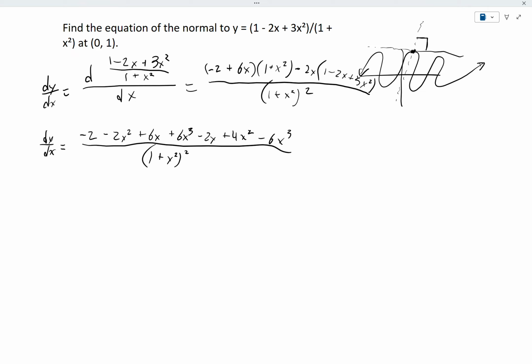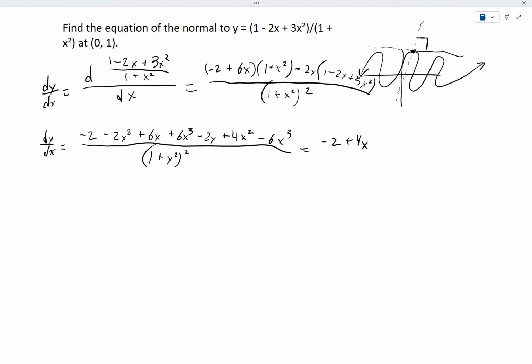And there's still a little bit more work to be done. In the numerator here, we can do some combining of terms. So we're still stuck with that negative 2 in front. Our linear terms, we have a 6x and a negative 2x. That looks like a 4x.